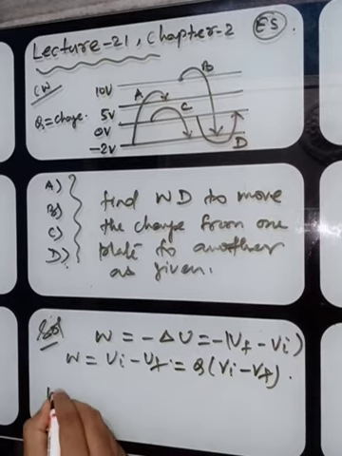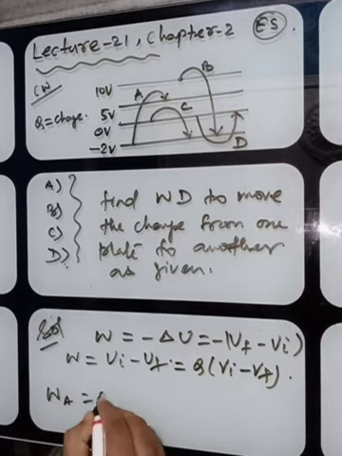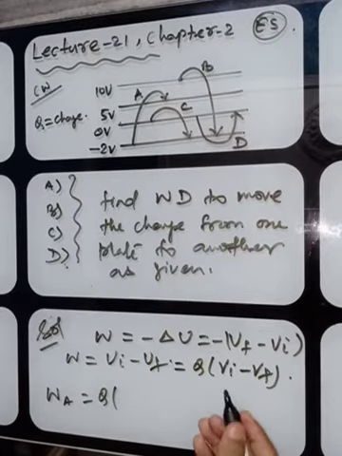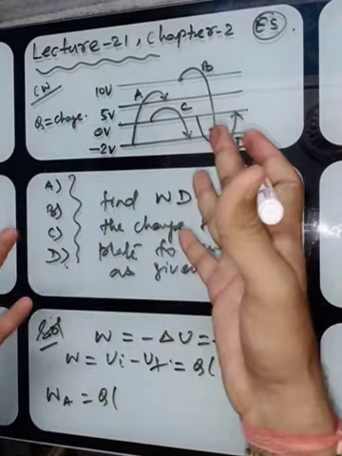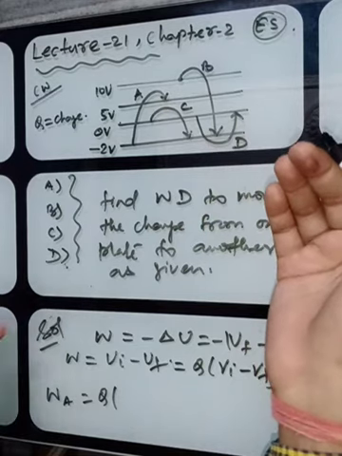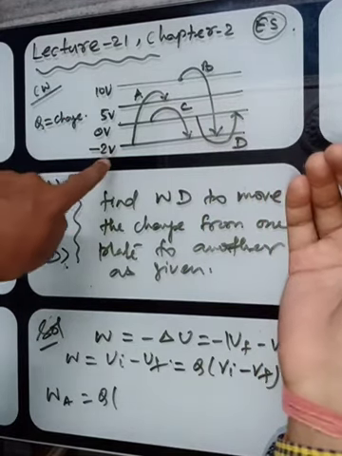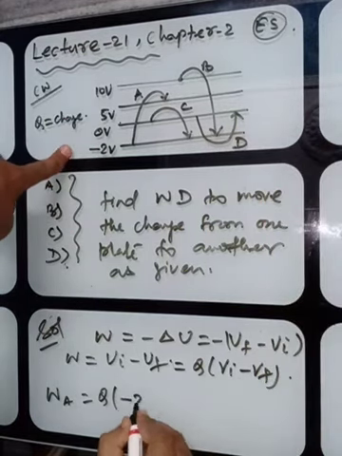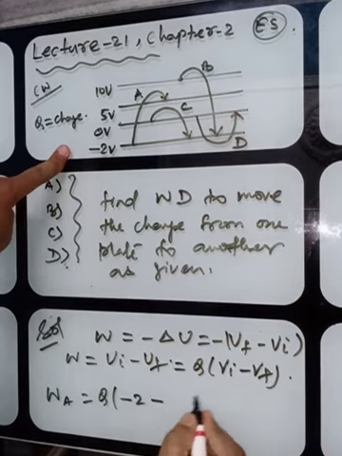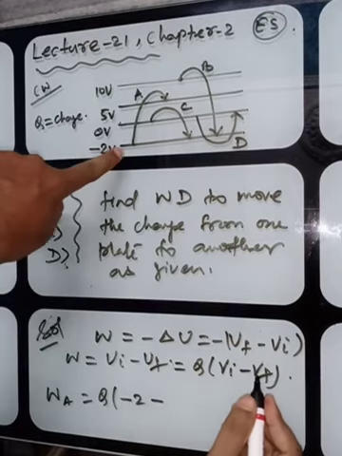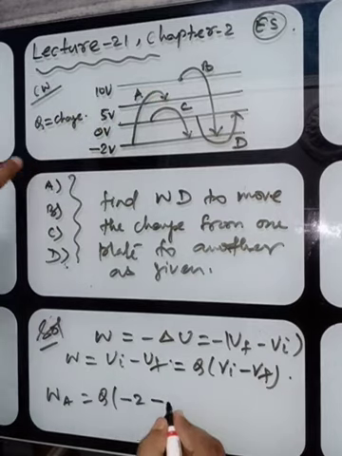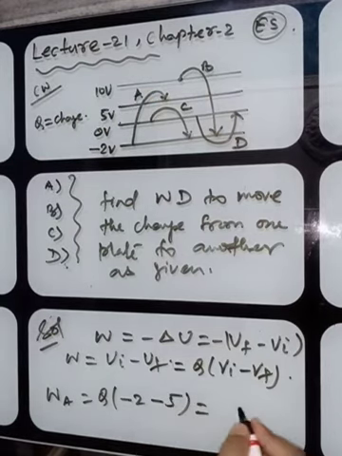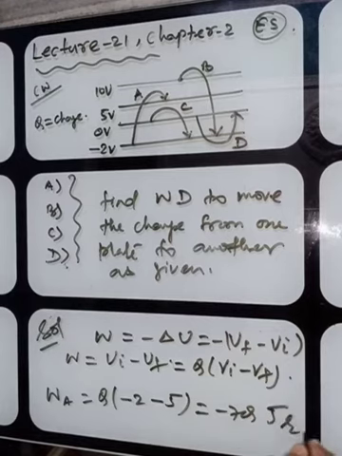So work done in case A, charge itself Q, V initial, in A it is moving from -2 volt, minus V final, so you can see the V final is 5 volt, and this is minus 7Q joule. This is the answer. I hope this is very easy for you.